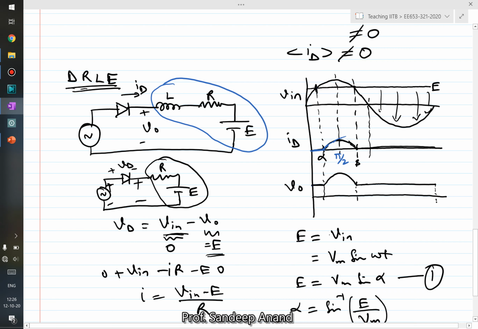So in this case, the peak happens somewhere between pi by 2 and beta, and then it starts falling and comes back to 0 at some instant. This instant could be before pi, or it could be after pi, depending on the values of E, the magnitude of Vin, and so on. In this picture I've shown it before pi, but it could very well fall after pi. Both cases are possible.